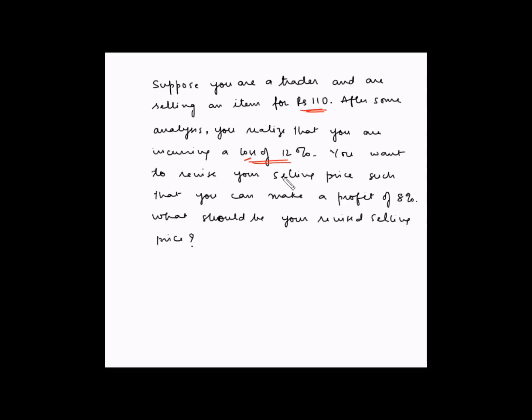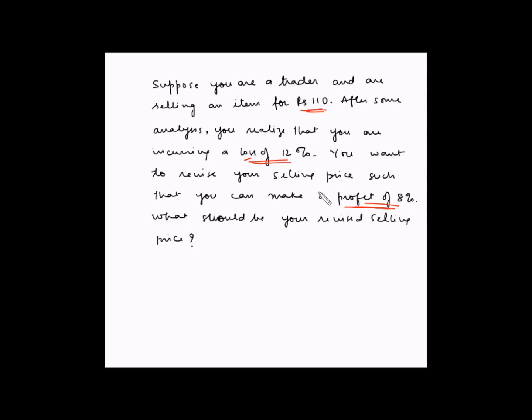Now you want to revise your selling price and want to make a profit of 8%. Now we already know that the loss or profit percent is always calculated on the cost price.